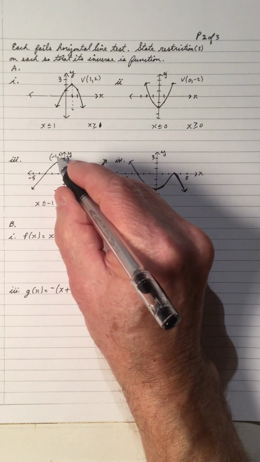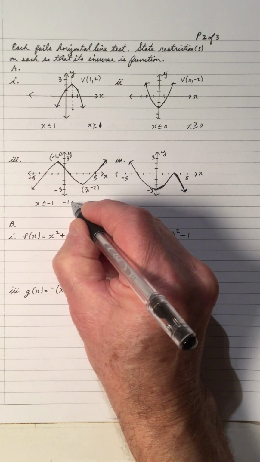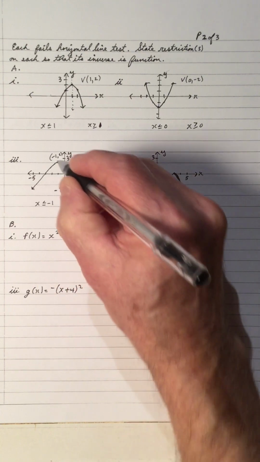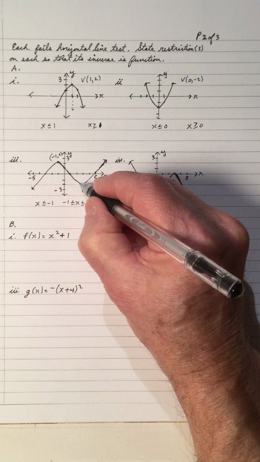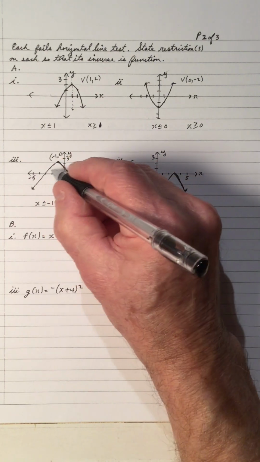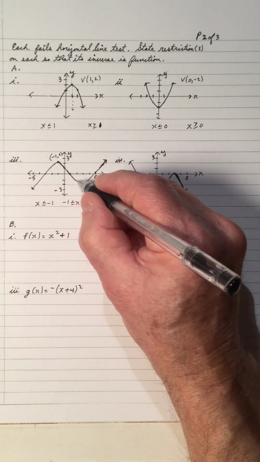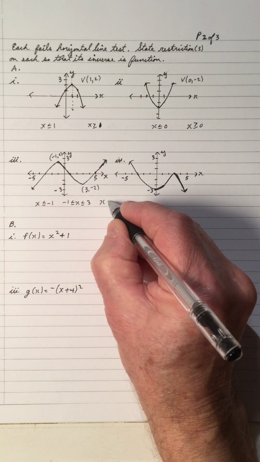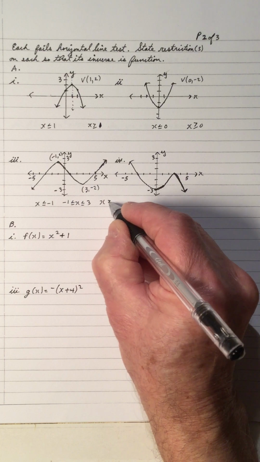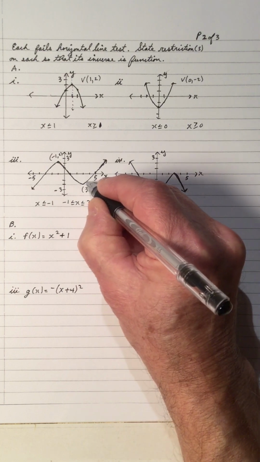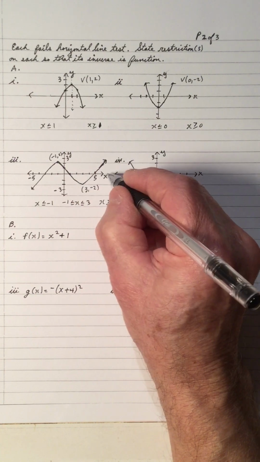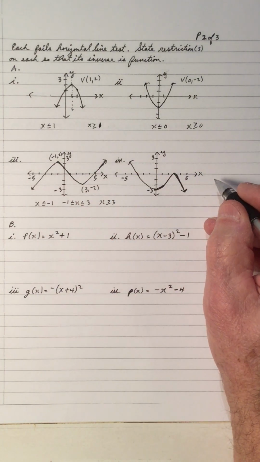And if we also go from negative 1 less than or equal to x less than or equal to 3, which is this part of the graph, it passes the horizontal line test because it only passes through one of these points. Or if we take x greater than or equal to 3, which is this piece here, we also pass the horizontal line test, so its inverse will be a function.